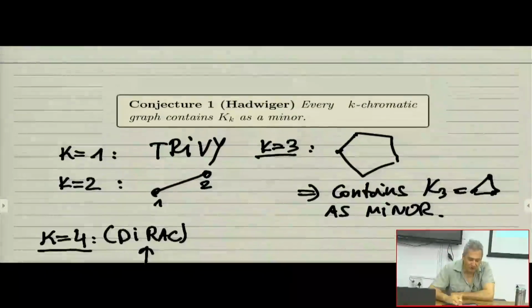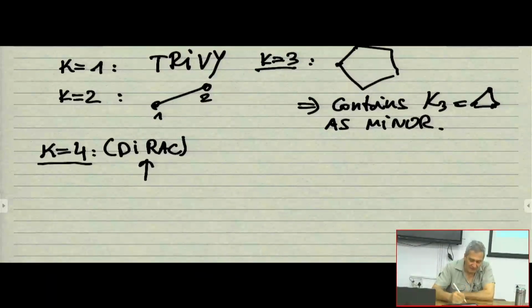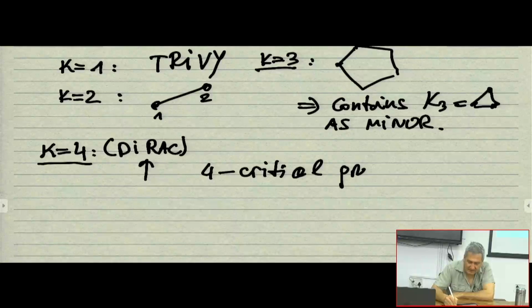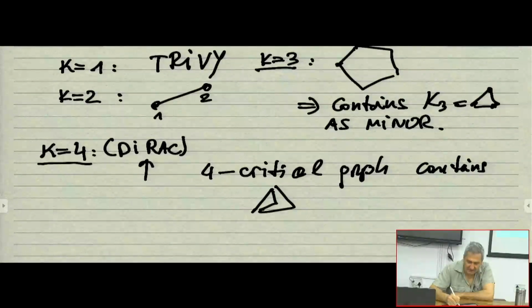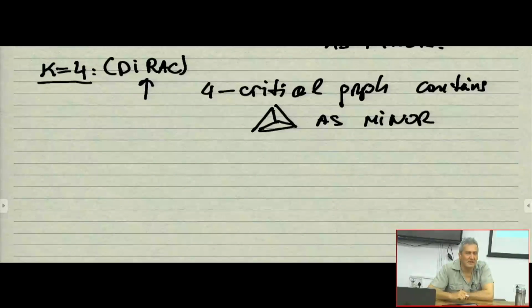How do we prove that? What would we like to prove? For a critical graph G, it contains K4 as a minor. We consider two possibilities.